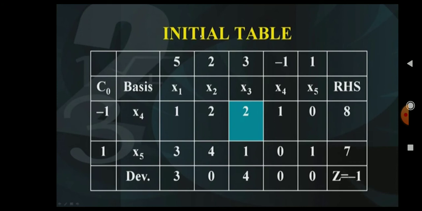So the variable x3 will enter to maximize the objective function z, and we have to fix the variable which will be leaving. In that case we have to calculate the minimum ratio, and the minimum ratio is the right hand side divided by the elements under x3, which is the entry variable.